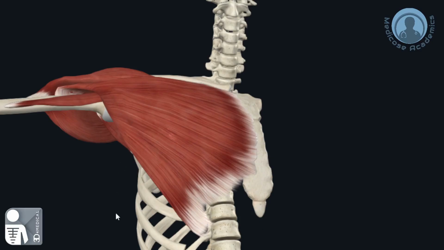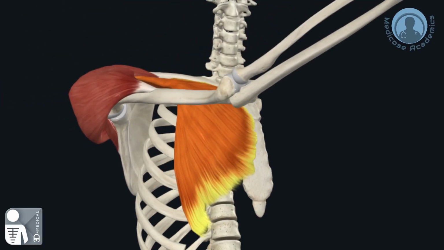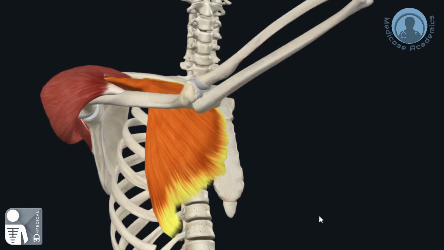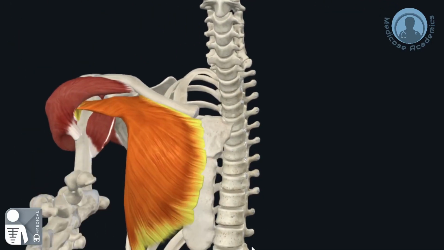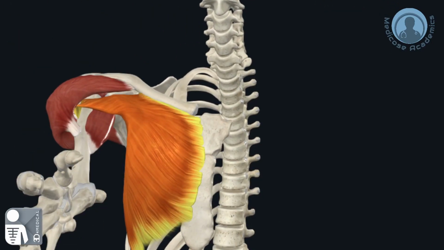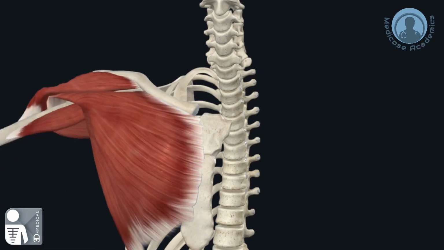Then, as you adduct it, you need to remember that the muscle is approaching from the front and from the medial aspect. So when it is pulled, it pulls the arm in. So this is how this muscle helps in adduction.